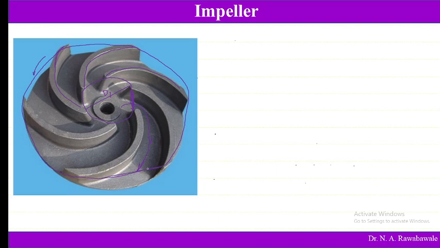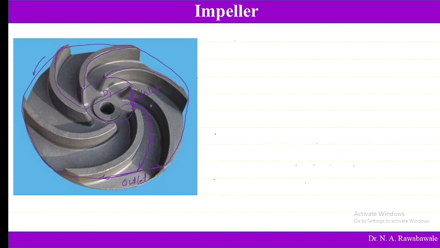This is the distance between two vanes at the outlet, whereas the distance between two vanes at the inlet is smaller. So this area is going to increase gradually as water flows from the inlet of the impeller to the outlet of the impeller.